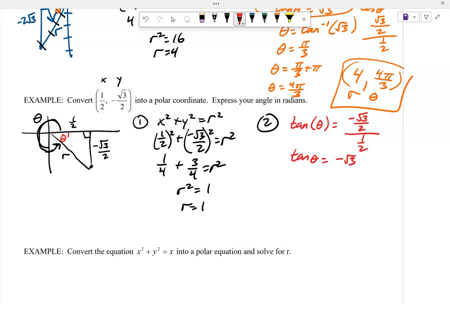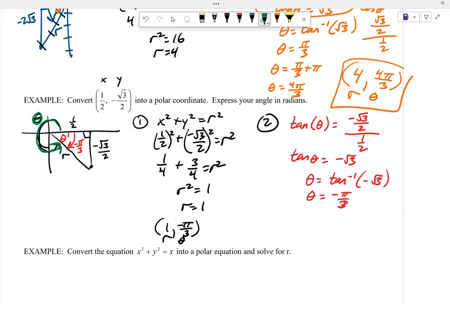So theta, if I run the arctangent, that will spit out theta being negative pi thirds, or negative 60 degrees. You could write it as r comma that, that's not incorrect, but we want a positive theta. So we want the one that's in, I'll put it in green this time. We want the theta being positive.